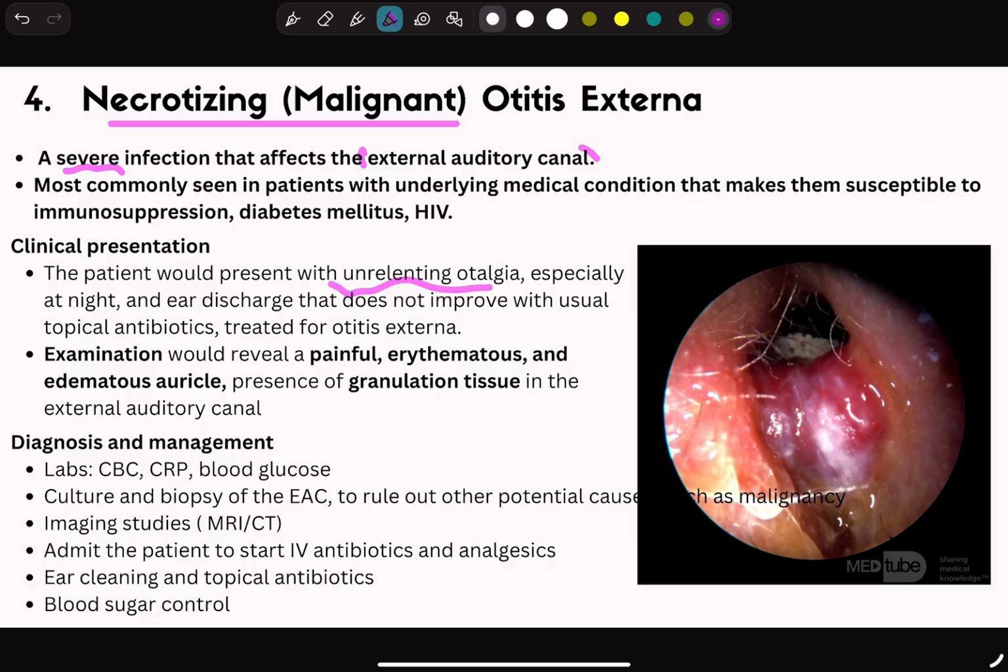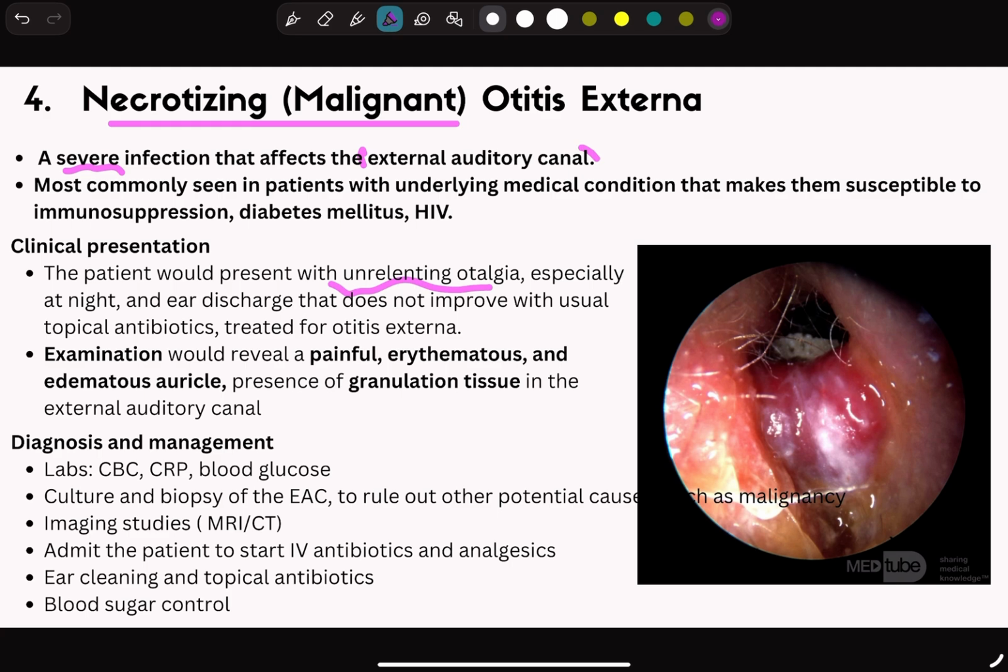The patient will present to the emergency department or clinic with very unrelenting ear pain, especially at night. They will tell you, we cannot sleep, and they will usually have ear discharge that's been going on for days, and they've been using ear drops, but it's not really working.